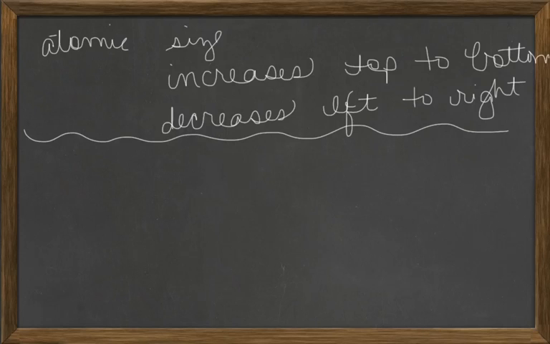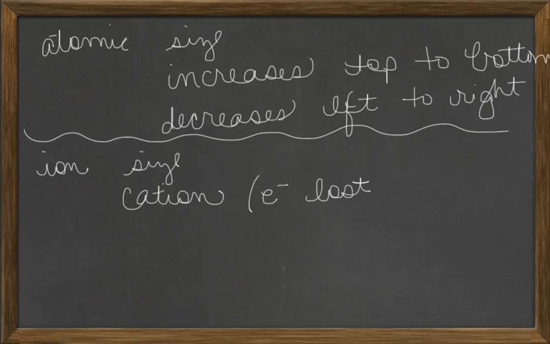What about ion size? Well, consider how an atom becomes a cation. In order to become a cation, electrons are lost. And if you'll recall, in learning about the sizes of the atom, electrons make up most of the space of the atom.